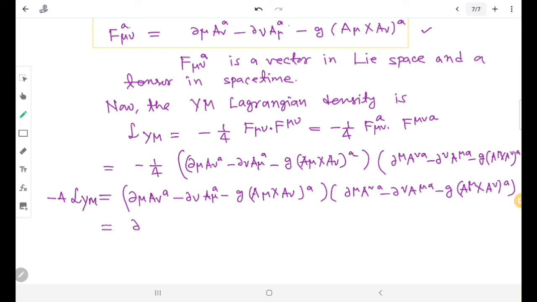Okay, so let us expand it. The first term will be partial mu A nu of A, and the other term will be partial mu A nu A. Then we have partial mu A nu A, and partial nu A mu A, and then the g factor is there.